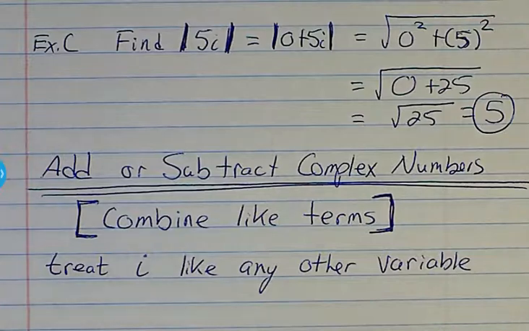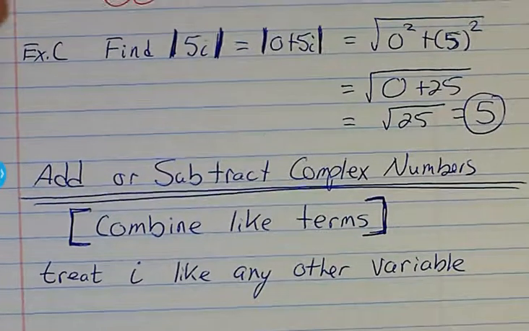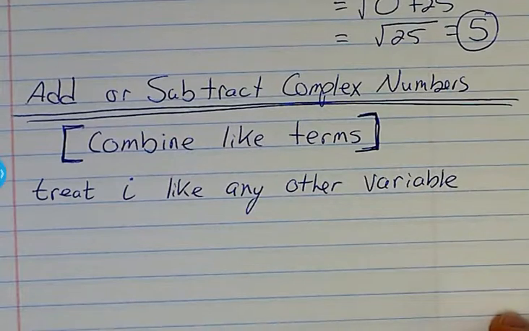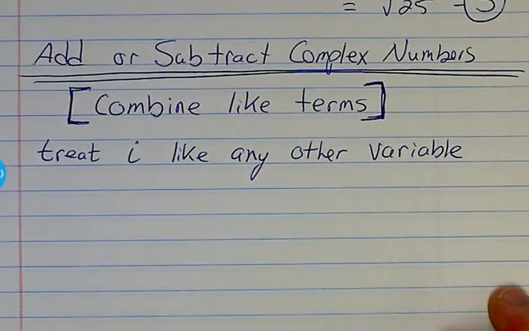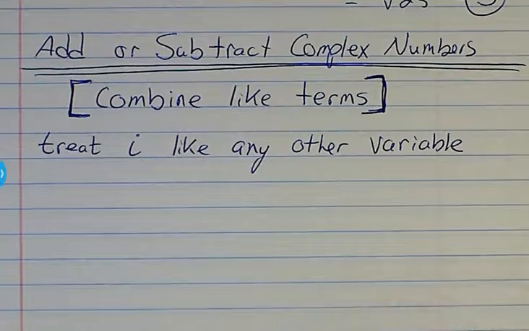For adding and subtracting complex numbers, it's really no different than anything else you would have done in either geometry or back in Algebra 1, or if you took connections. It's the exact same thing here. You can think about it just being like x. You're going to add it, subtract it, just like you would do with x or y or t or whatever variable they give to you. There's really nothing different about this part at all because you're never going to have i squared when you add and subtract, so you don't really do anything funny with i. You just combine like terms.